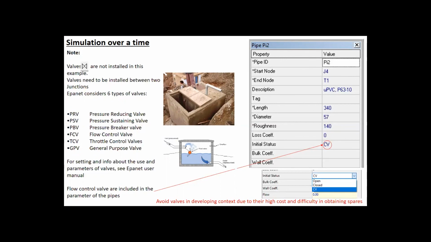When you have CV, like in the picture, it's only in one direction. This might be interesting to put on the pipe after a pump, for example. If you keep it open, of course, it's clear. If you put it closed, the system will not work at all. So that's a reminder about the valves.